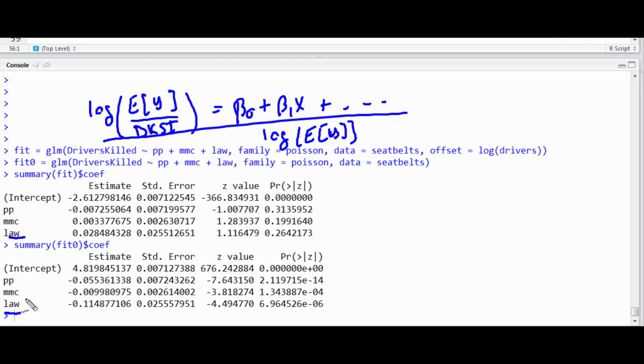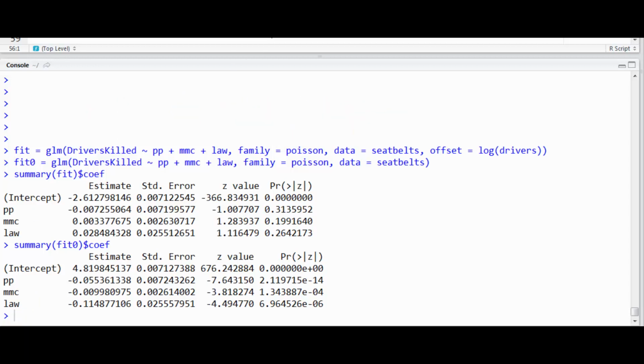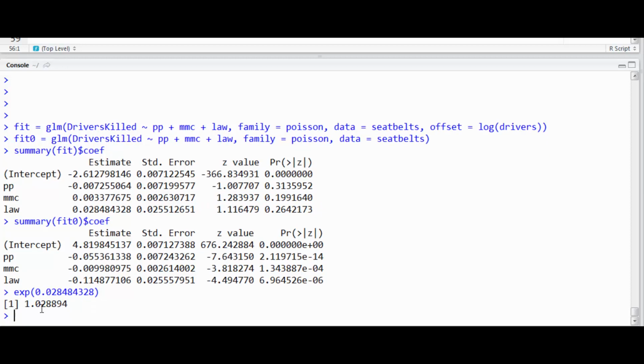if you want to talk about the relative scale, comparing before in the denominator in this case to after in the numerator. So, for example, our law variable here has now flipped; instead of being negative, it's about positive. So this is about 0.028. If we exponentiate that, it'll be about 1.028.